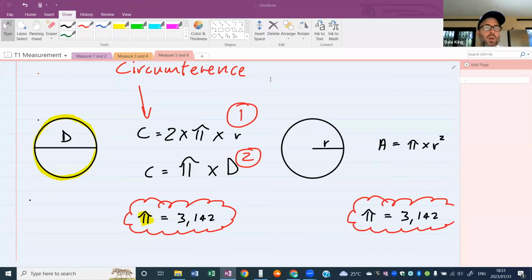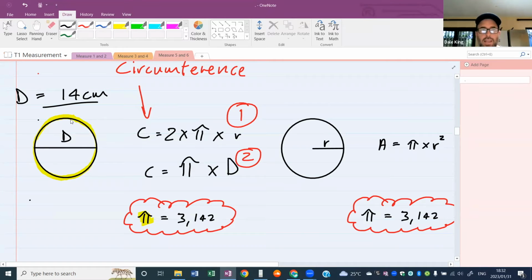If they give you a diameter, so let's say they give you a diameter D is equal to 14 centimeters, then that's a length, all right? The length of the circumference, its units must also be in centimeters. All right, so if they give you centimeters, keep your answer in centimeters.